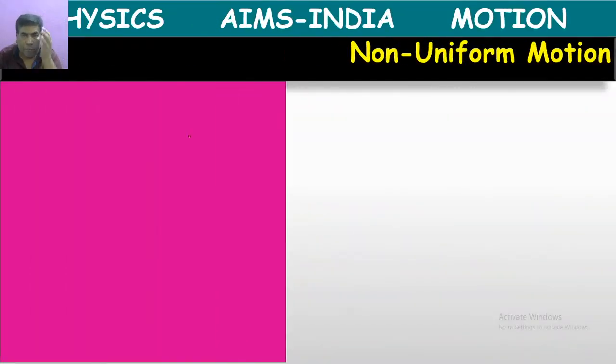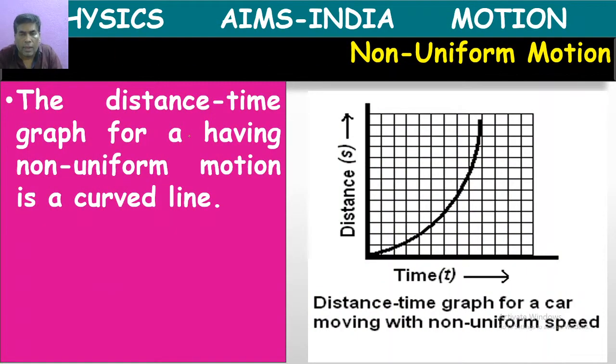Let's see the graph. So the graph of a non-uniform motion will be a curved line or a zigzag line, but not a straight line. Why? Because in equal times it is covering unequal distances, or in unequal times covering equal distances.